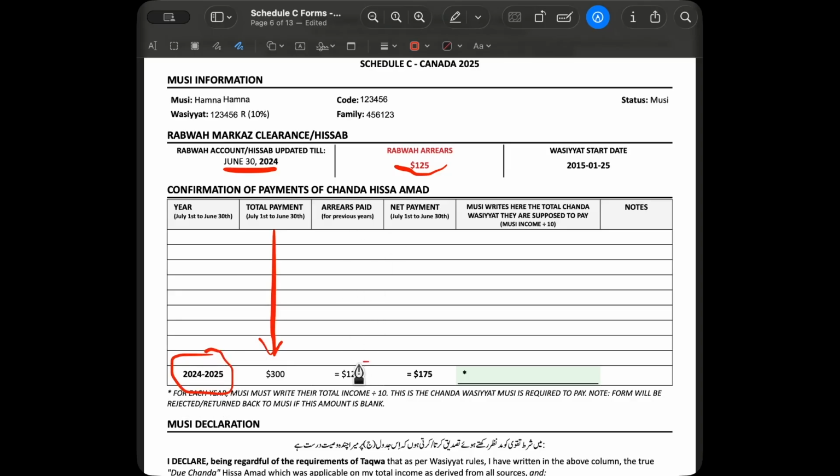She has paid $125 in arrears. So right here. So this means this amount she has paid, and so this amount of 125 has been cleared because it is showing up here in this section. Now, what is left after the arrears have been paid is $175.